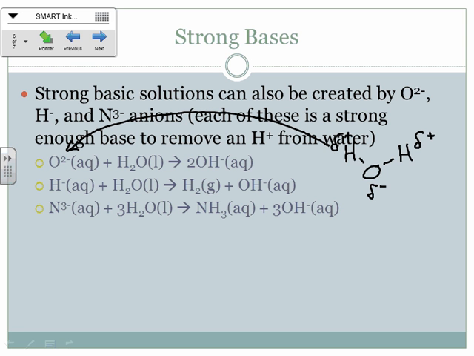So then what's going to happen here with this O2 minus is that it ends up attracting one of these hydrogens, and then you end up with OH minus and OH minus, right? So OH minus and OH minus, and that's why there's two OH minuses on this side.